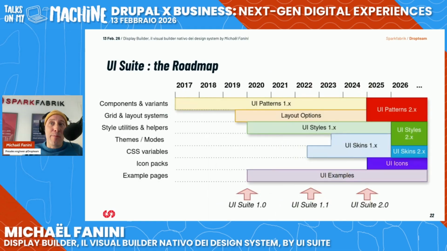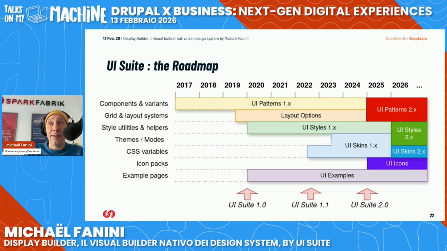So this is a small parenthesis. This is the roadmap of UI Suite. As I told you before, UI Suite is 7 years old. So we started UI Suite 1.0 at the end of 2019. We had a partial scope of all design artifacts you can find in a design system.